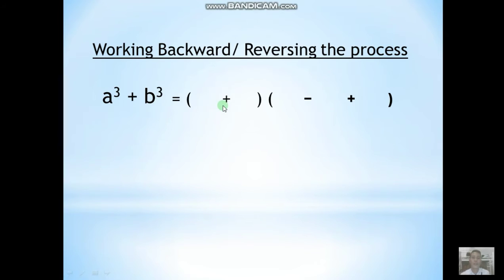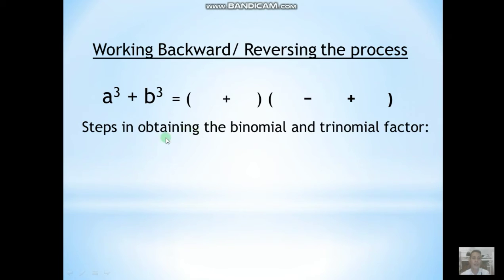Okay, so we need to draw first the two blank parentheses. This is for the binomial factor and this is for the trinomial factor. And guys, the operations here are constant, so they do not change. Of course, to do that, there are steps to follow in order to obtain the binomial factor and the trinomial factor.